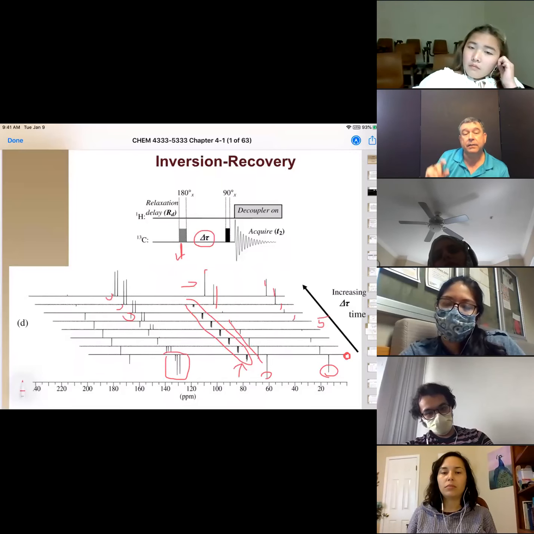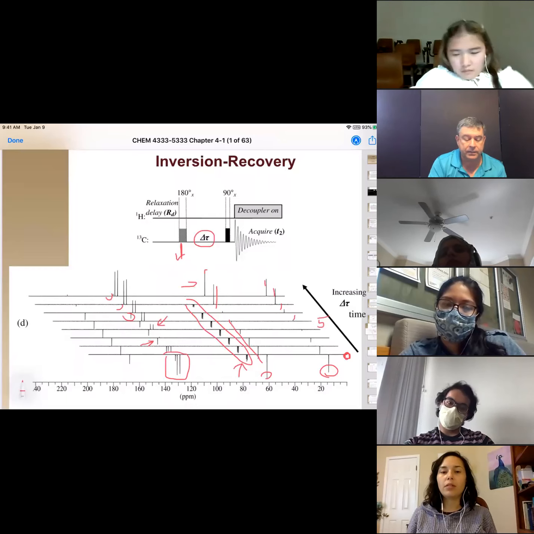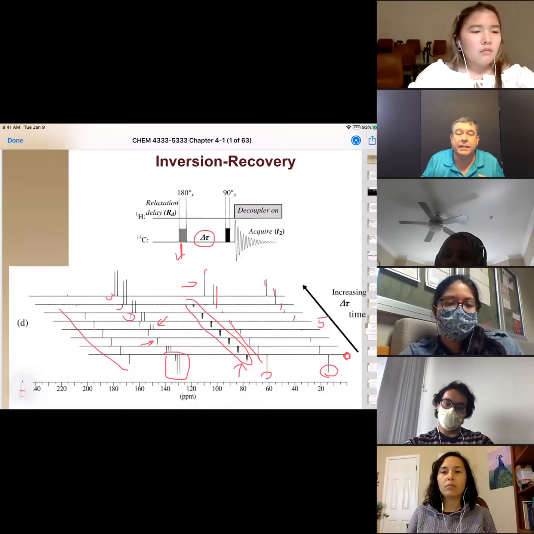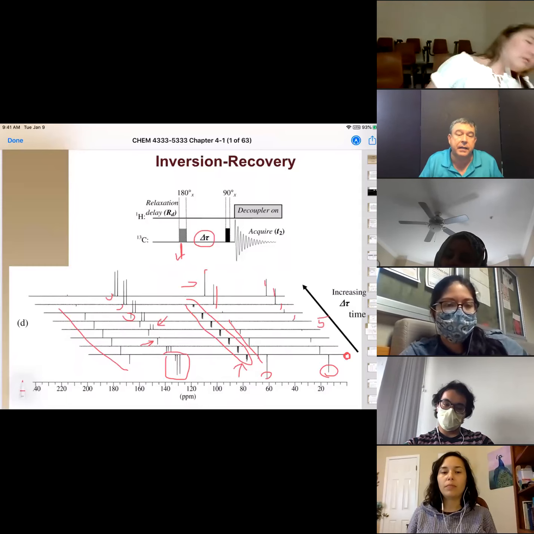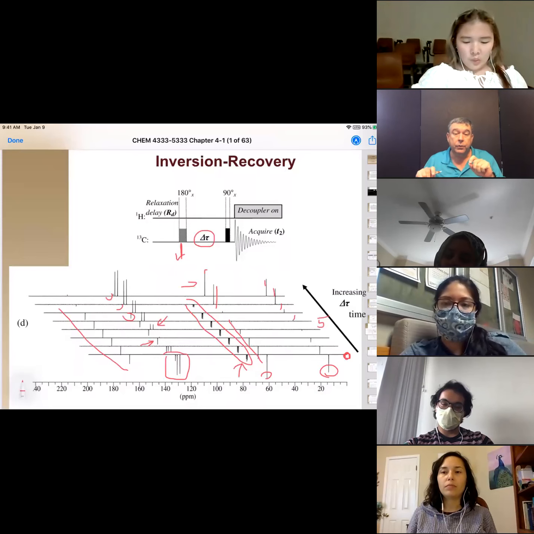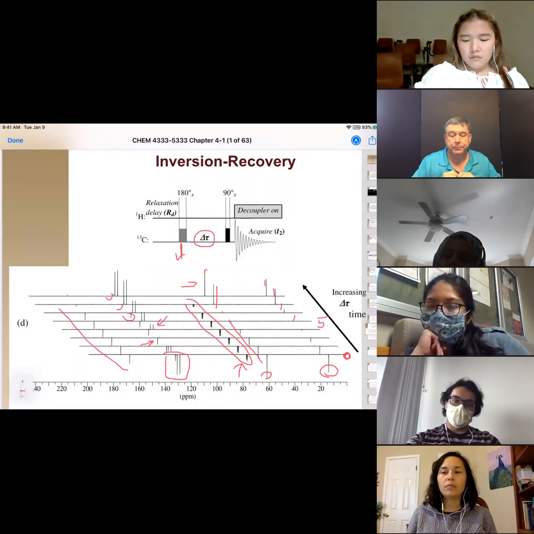That means there's a difference in the number of hydrogens on this species versus that species, because the ones with more hydrogens relax faster. And notice this last peak right here doesn't relax at all. Now, we can use this inversion recovery technique and a pulse time sequence to tell the difference between 1, 2, 3, and 0 hydrogens on carbon.